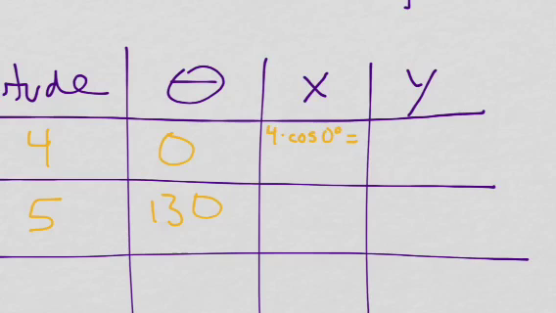And you have to make sure that your calculator is in degrees and not radians. Okay? It turns out that the answer here is 4. For this, I'm doing 4 times the sine of 0 degrees. That turns out to be 0.